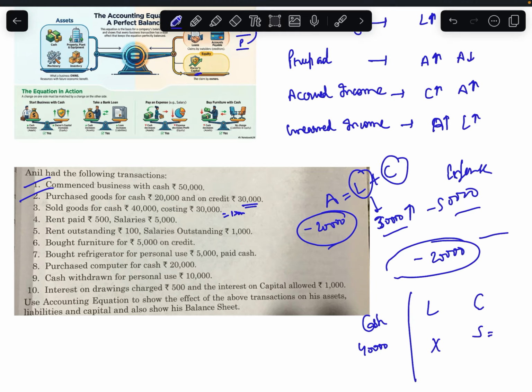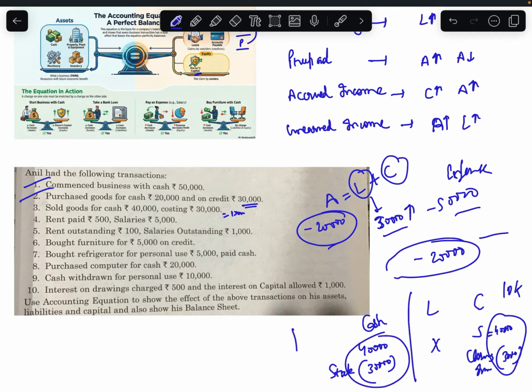And we'll record sales of 40,000 here. The other impact will be that stock will decrease by 30,000, right? Closing inventory will decrease by 30,000. So net impact is 10k, right?